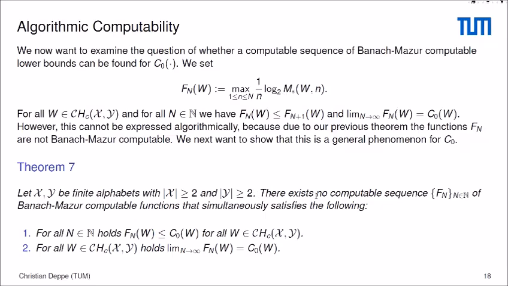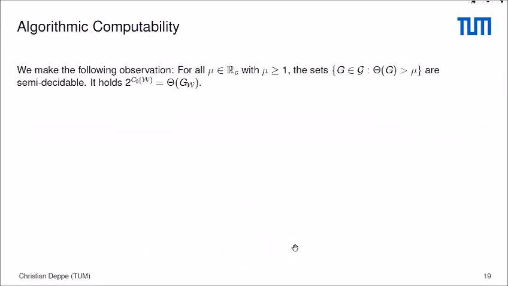And we show there exists no computable sequence of Banach-Mazur computable functions that simultaneously satisfy the following. For all n holds that Fn of W is smaller than the zero error capacity for all channels, and for all channels holds that the limit of Fn of W is equal to the zero error capacity.